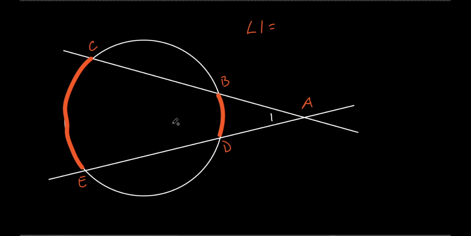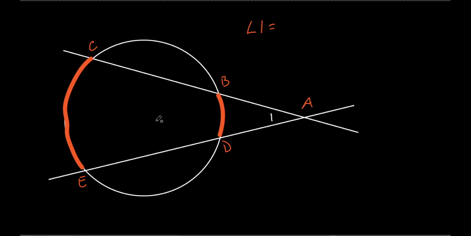So angle 1, this is slightly different. It's close to what we did before, but a little bit different. We're not going to add these two together and then take the average, because this is a smaller angle, isn't it? If that point was inside here, that vertical angle would be a little bit bigger.